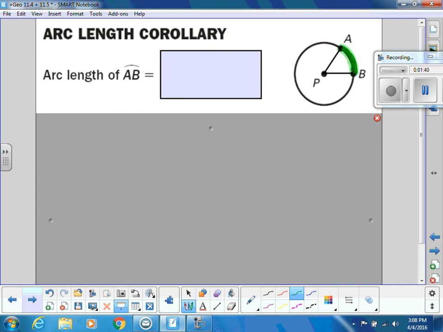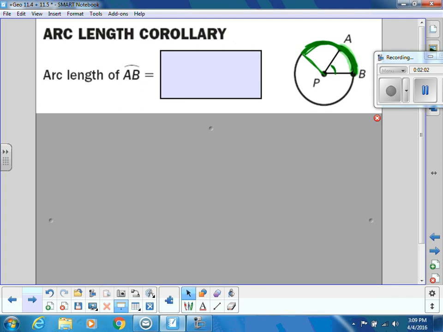And this is where we're going to use this angle. How much that arc length is depends on how big that central angle is. If I made this angle bigger, then the arc that corresponds to it would be larger, right? And a bigger fraction of that circumference.